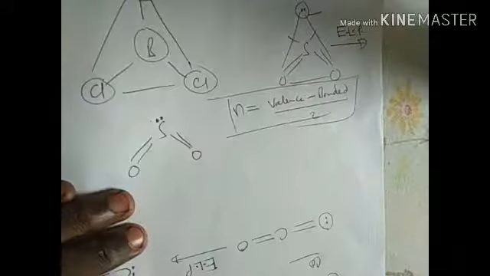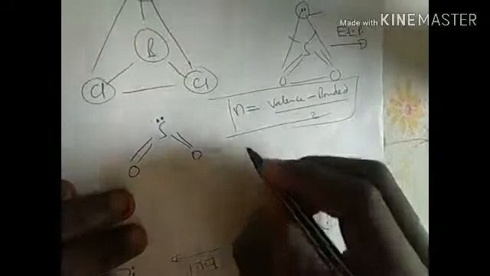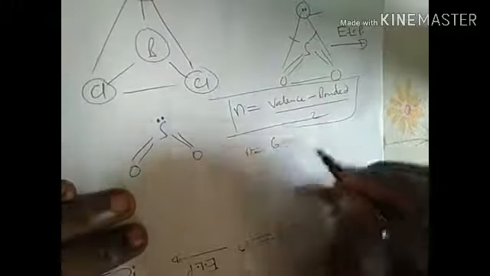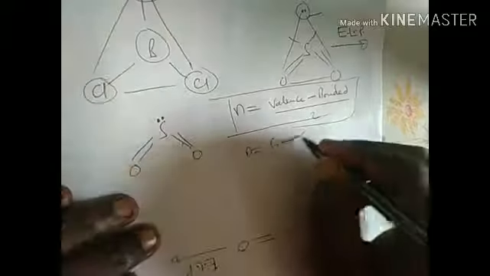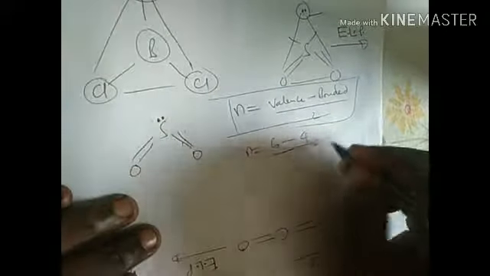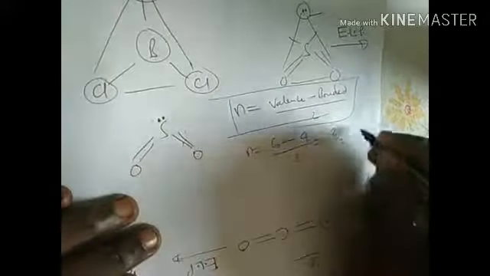Kwa mfano sulfur ni group 6 element, so number of valence electrons ni 6. Number of bonded electrons ni 4. Tukidivide by 2 tutapata 2 divided by 2, which is equal to 1.